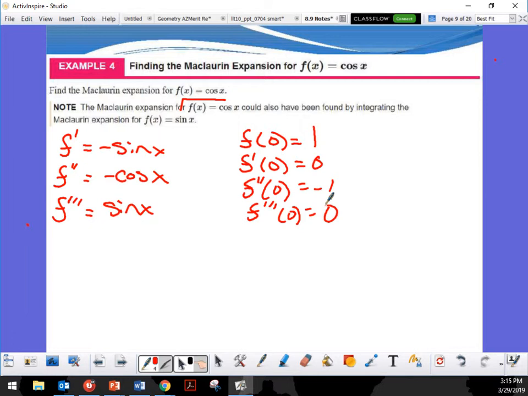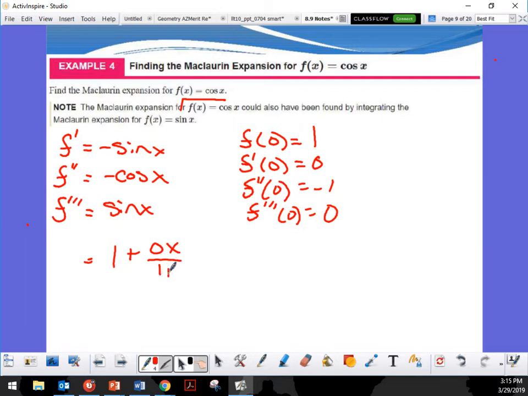So the first thing I write is f of 0. So I'm going to have 1 plus 0 x over 1 factorial, right?